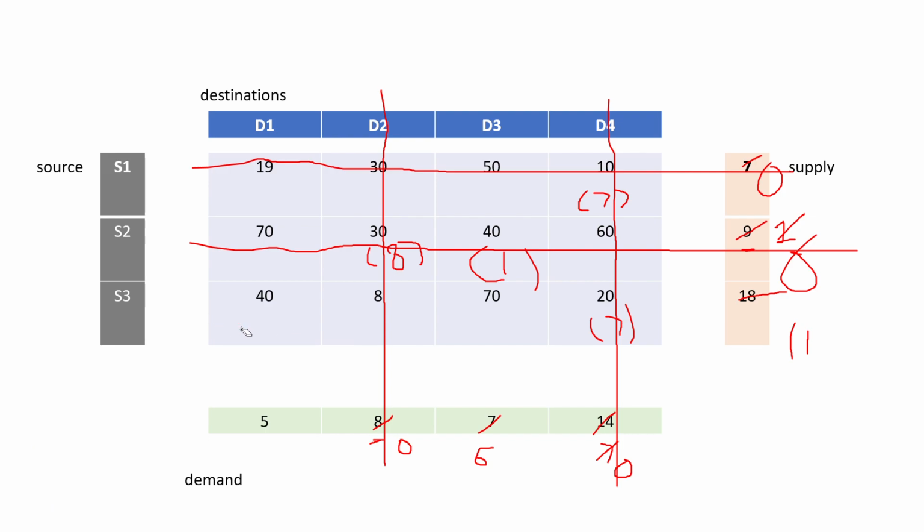For allocation of that 40, we have supply of 11 and demand of 5. So we maximum fulfill its demand by 5. So 5 becomes 0 and 11 becomes 6.